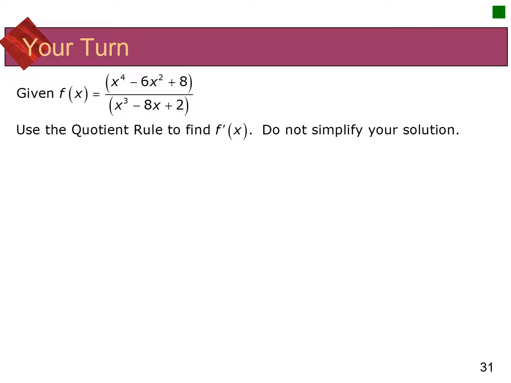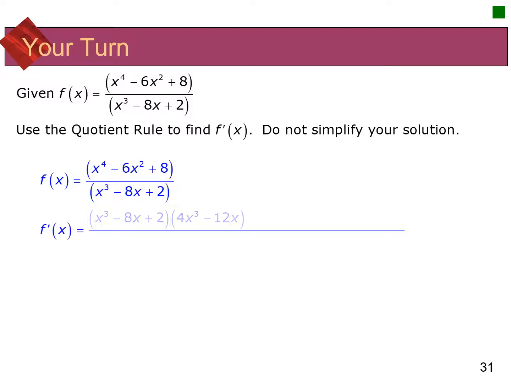But if I use the quotient rule on this, which is more beneficial here, I'm going to take this function and do the bottom times the derivative of the top.